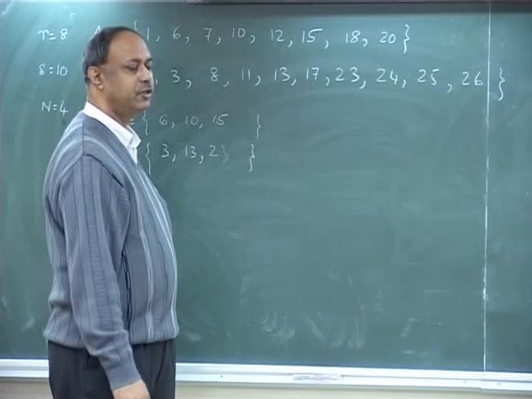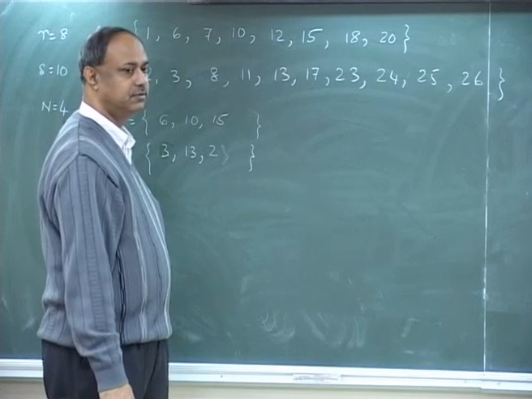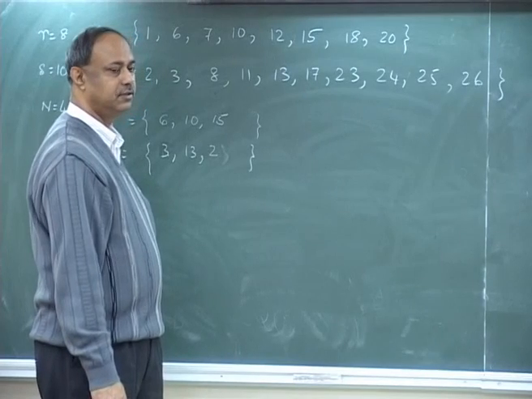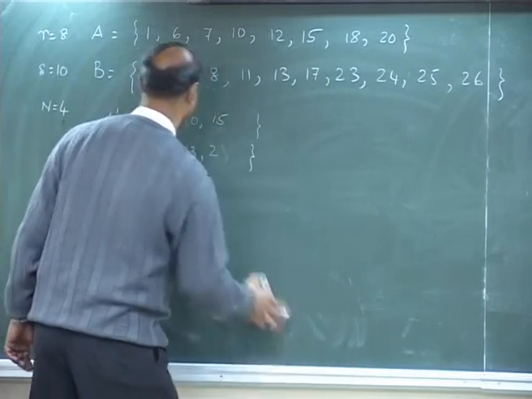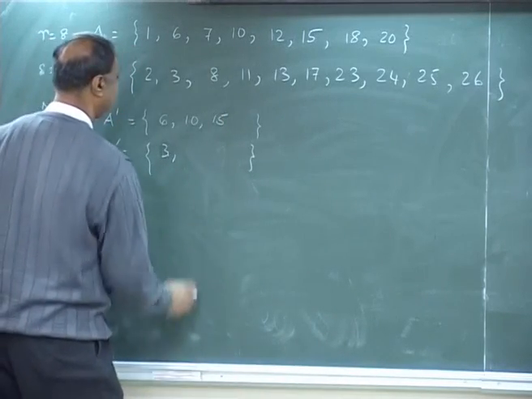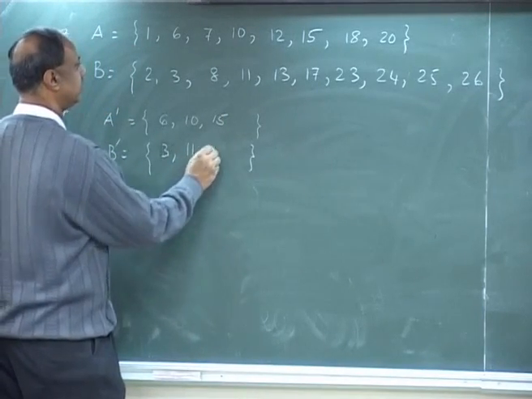You multiply 2, 2, 2. 13 will be there or not? No, sir, 11. Okay, then 17.